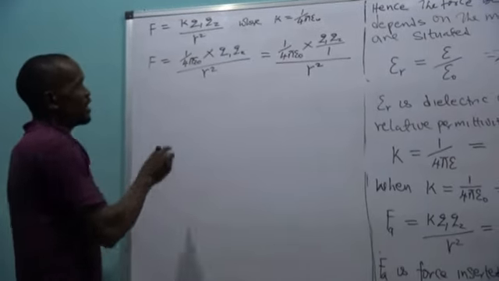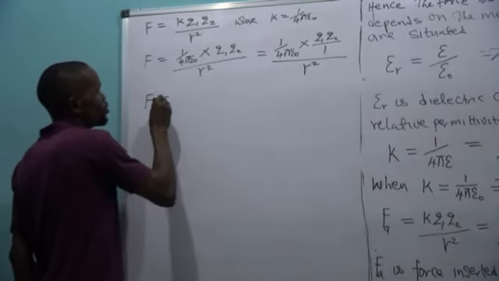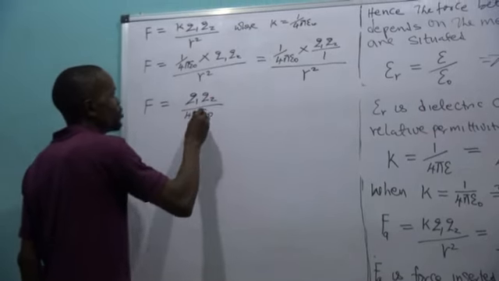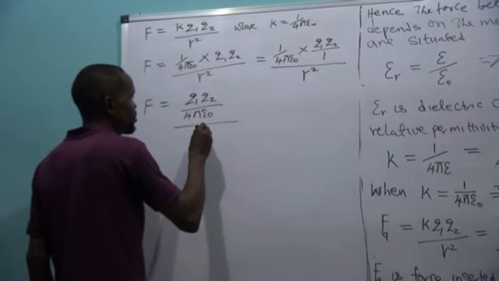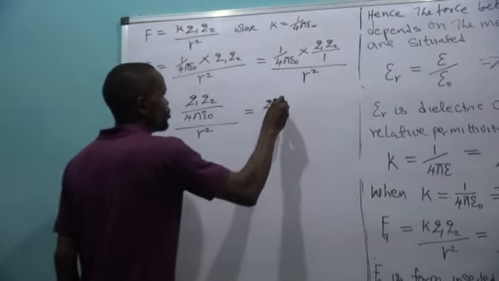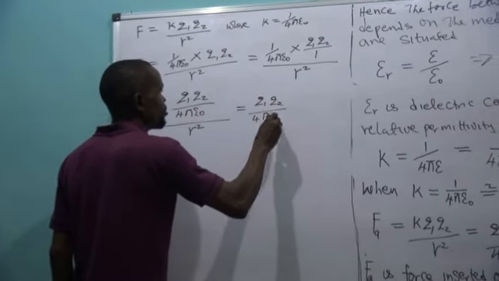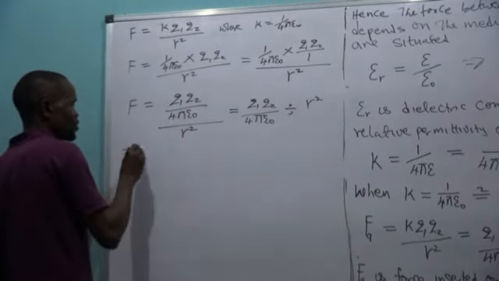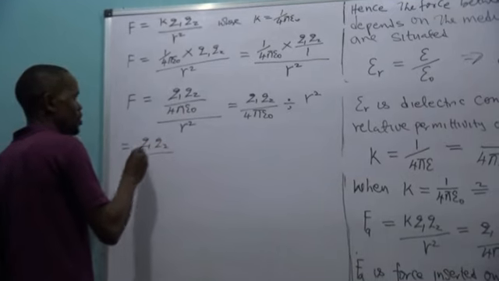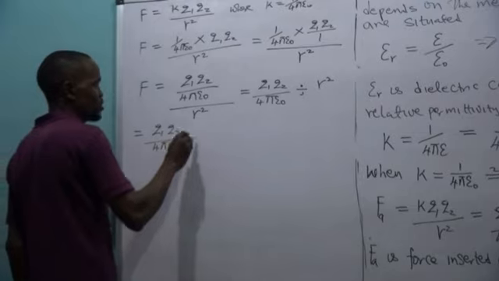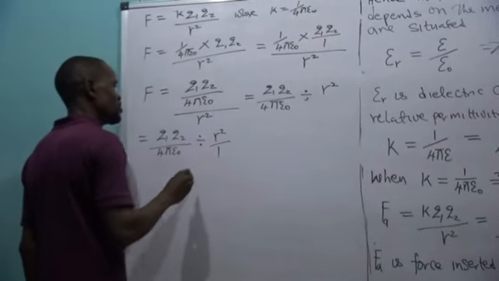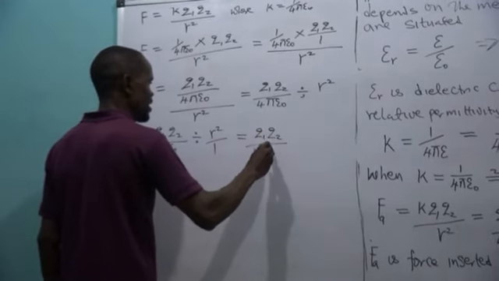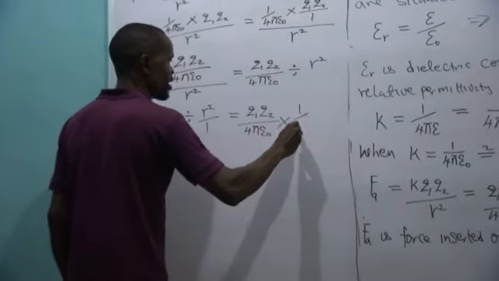Then F equals Q1 Q2 all over 4 pi epsilon o divided by R squared, which can be written as Q1 Q2 all over 4 pi epsilon o times 1 all over R squared.